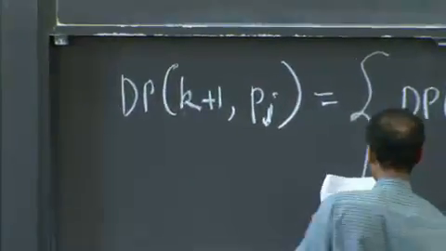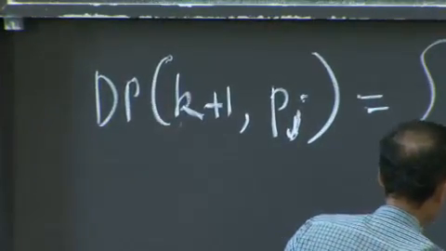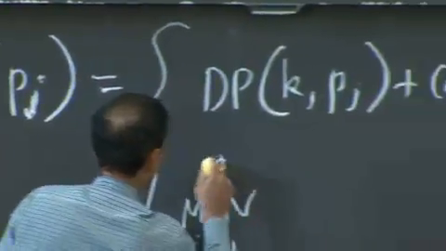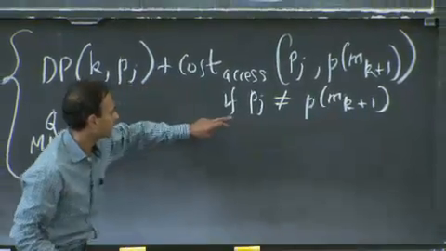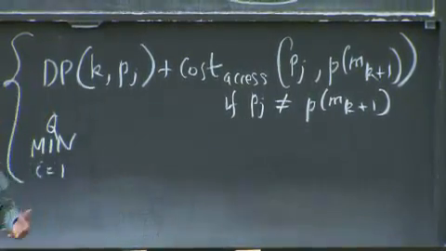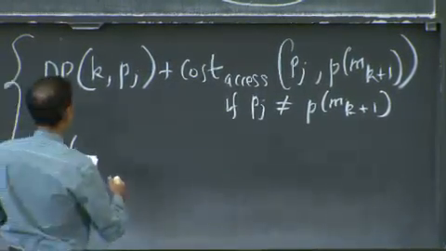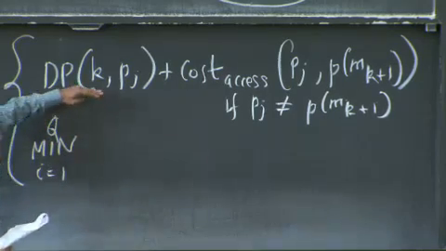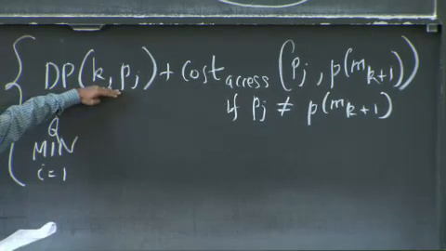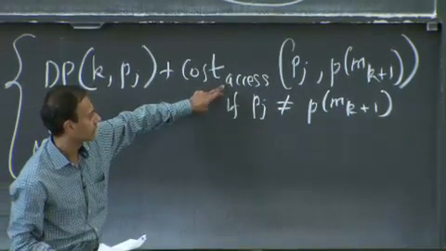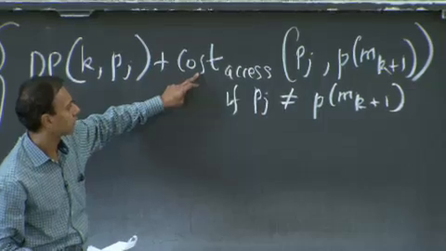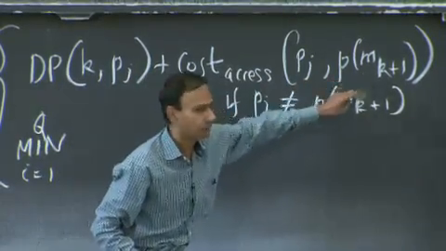Right? So there's going to be two cases. I'll just write this out and I'll explain it. The first case corresponds to if the new memory access is not in the processor cache corresponding to pj, then what you could do is use the optimum value where you end at pj and simply do a remote access that corresponds to accessing mk plus 1.